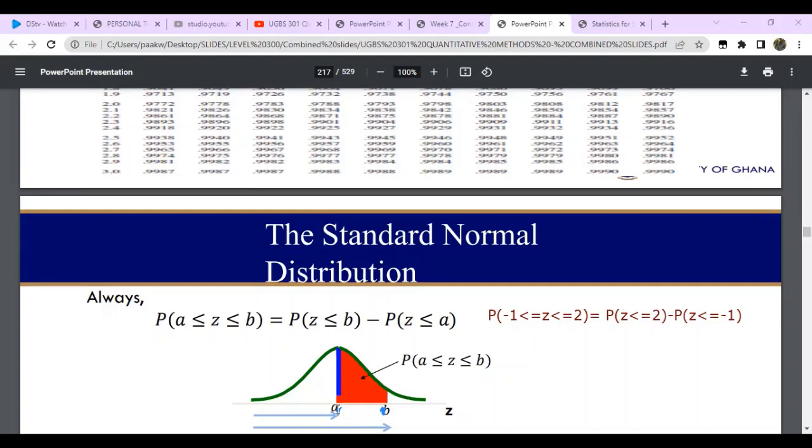A. That one will give you the probability under this curve or between these two, A and B.